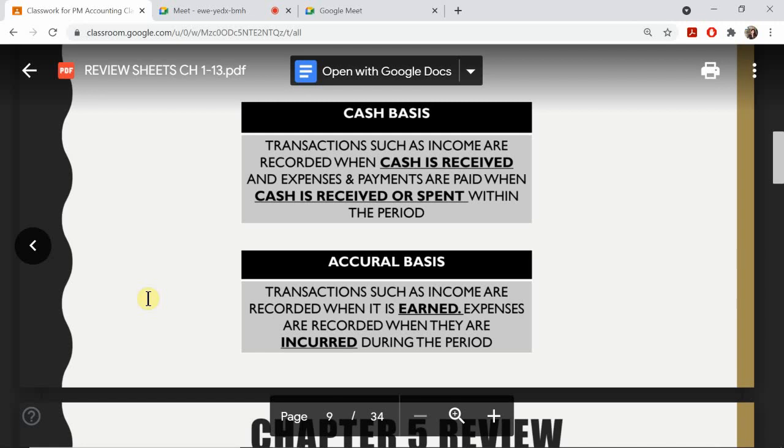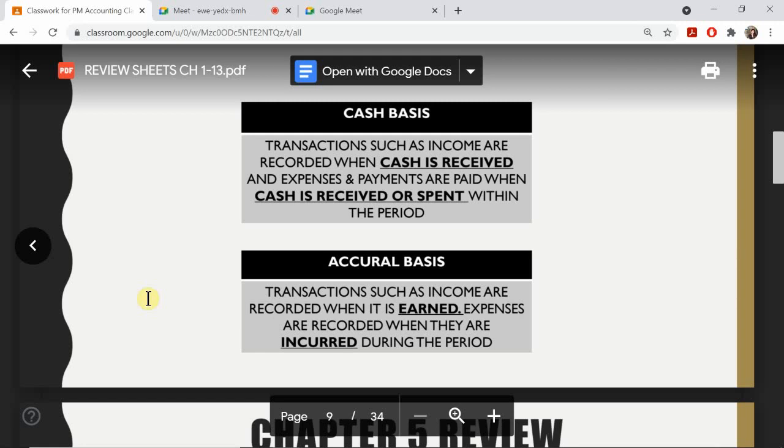You only recognize on a cash basis if there's actual physical cash being received, whereas an accrual basis doesn't care whether you receive cash or not. They're more concerned about just earning that revenue.